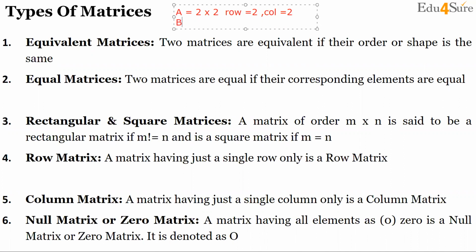Similarly, there is one more matrix whose order is 2 cross 2, where you have the same rows equal to 2 and columns equal to 2.